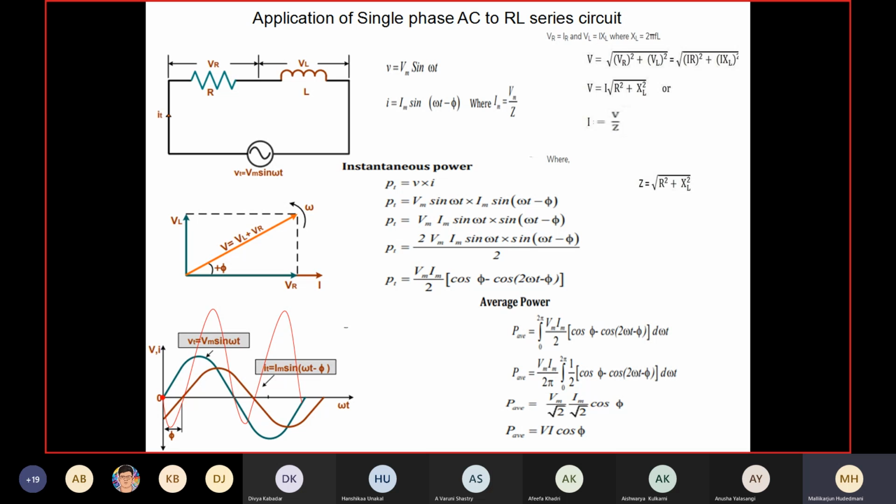Impedance triangle has hypotenuse as impedance Z, adjacent side as R. Opposite to the angle, I will have XL. XL, R, Z. Z equal to square root of R square plus XL square. What you will find here? You see, R square plus XL square equal to Z square. Nothing but hypotenuse equal to R square plus XL square under the root.